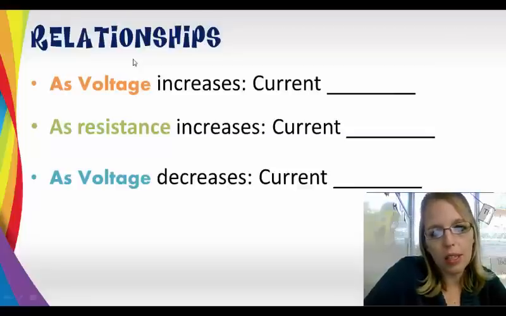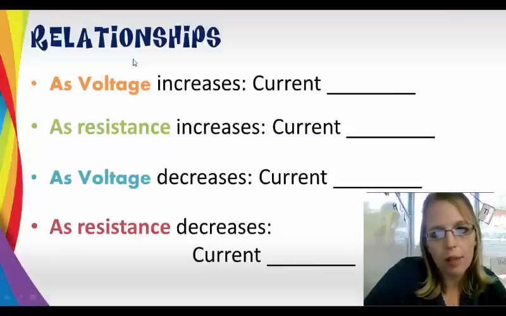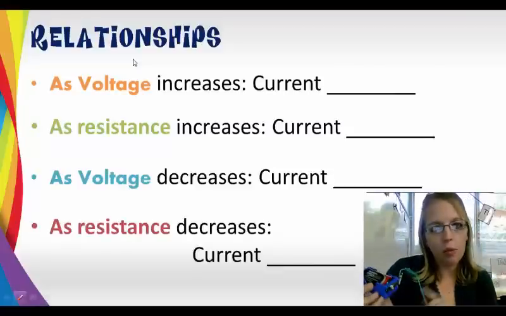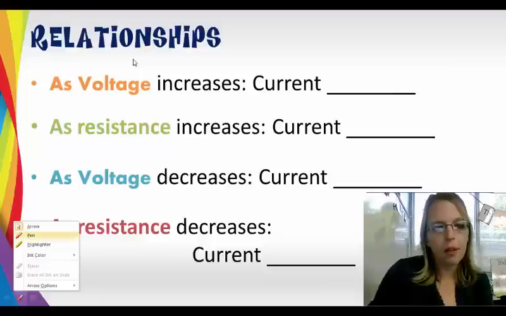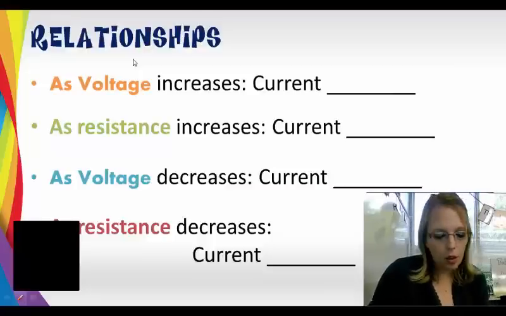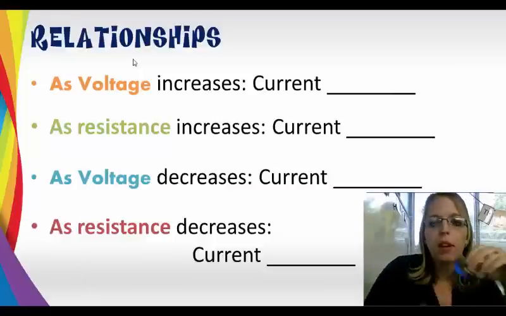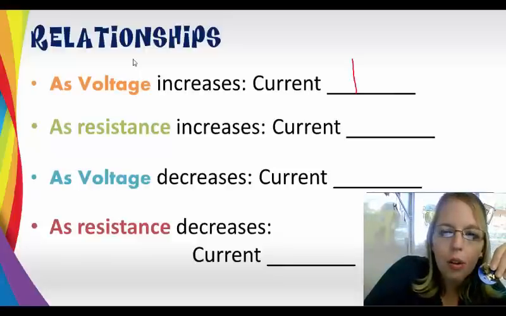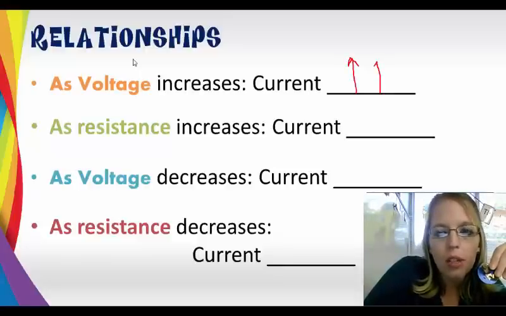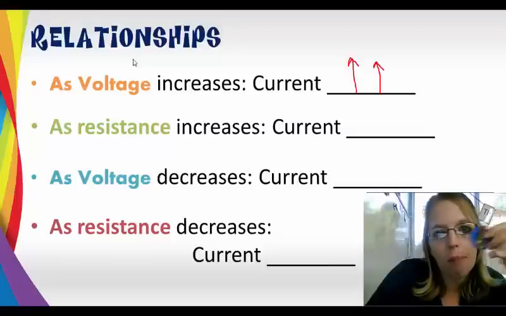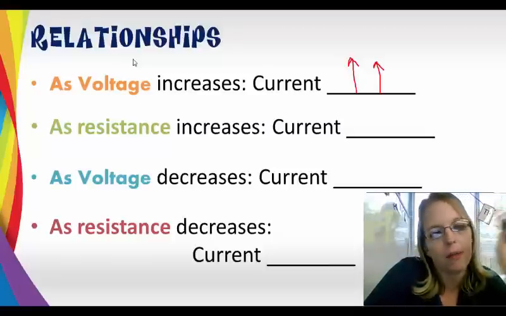As voltage increases, which means you add like more batteries, then the current increases. 2 batteries work better than 1 battery. As the resistance increases, resistance would be like adding more light bulbs. When you add more light bulbs, that current goes down because you're making those electrons go through multiple bulbs. That's hard.